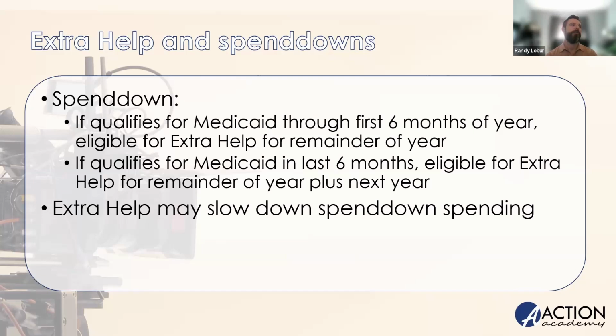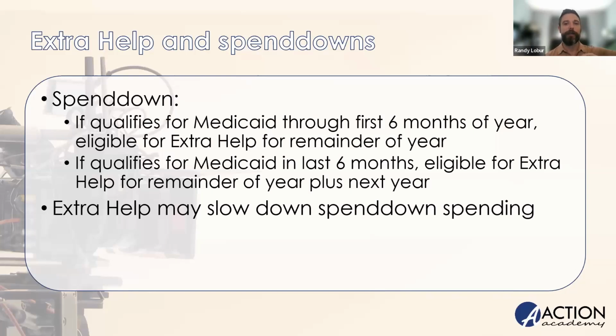But a key thing we should point out is that if your beneficiaries are taking Extra Help, that may slow down their spend down spending. Here's what I mean by that mouthful of words. If they're getting Extra Help and maybe they're on an expensive drug that generally would cost 300 or 400 bucks a fill, something meaty, what Extra Help does is reduce their out-of-pocket liability for that drug down to $11 and some change for that fill.